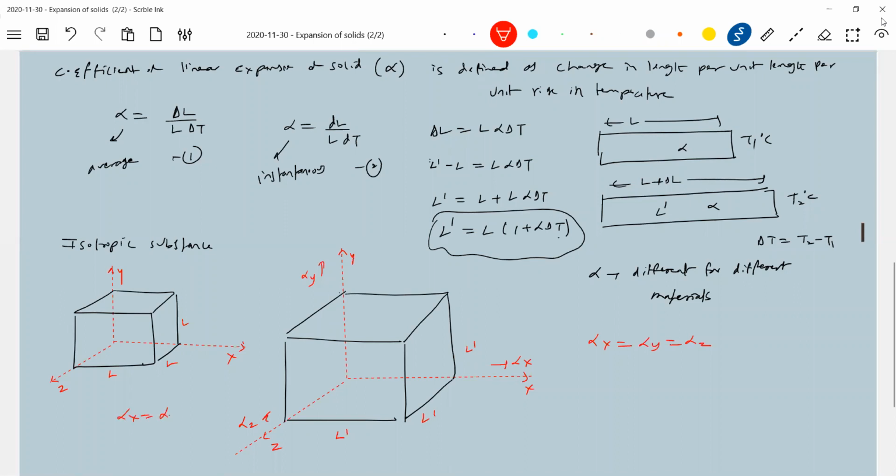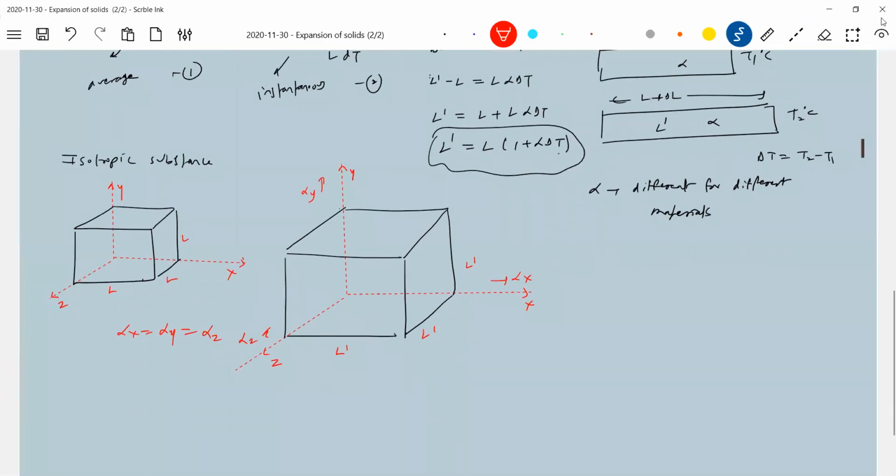I'll write it here. So for an isotropic substance, what does it mean? It will have the same behavior in all directions. All directions means here 3 directions. So how much it will expand along x, an equal amount it will expand along y and also along the z axis here. So what shall we put for isotropic?